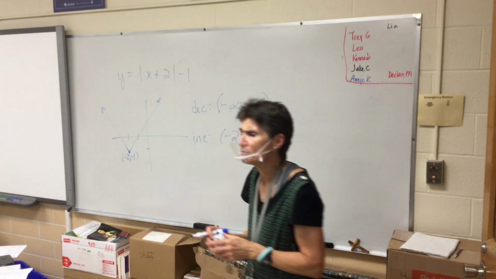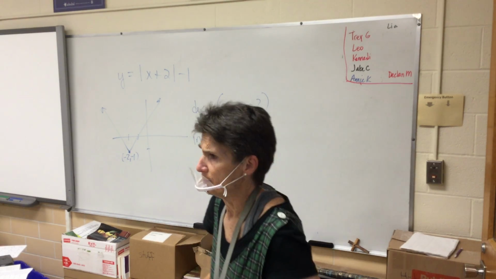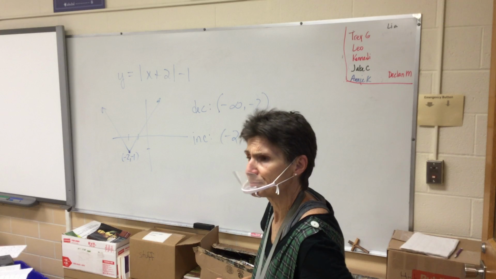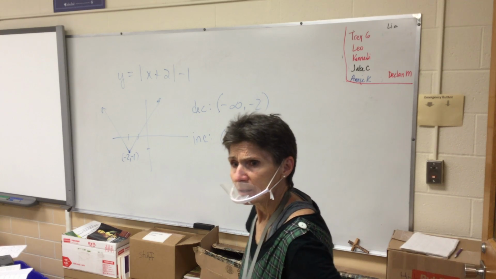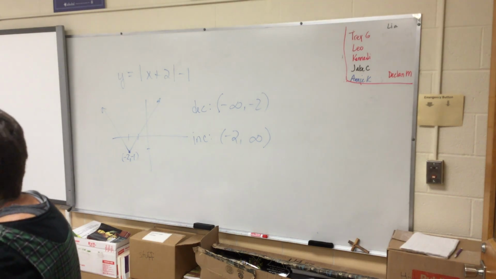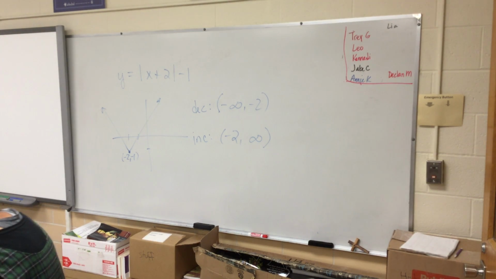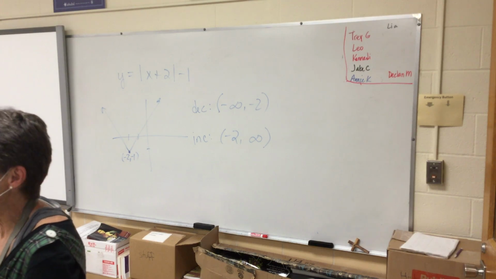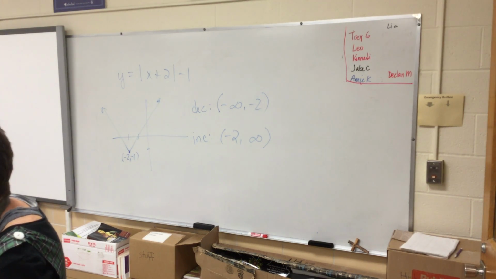Bounded above, below, or bounded. Any idea what that means? Where it comes together. Actually, it is where it comes together in this case. Bounded below means it has a floor. Bounded above means it has a ceiling.